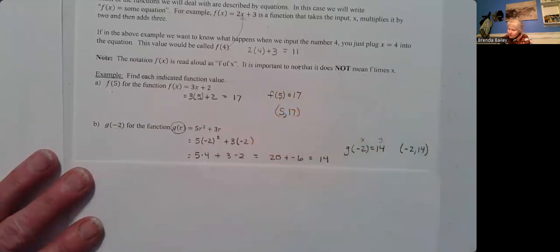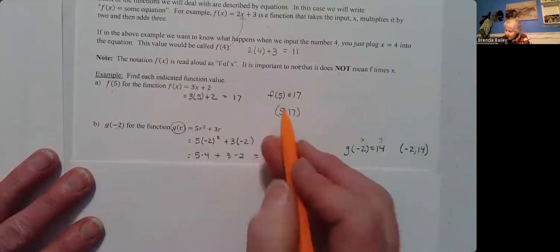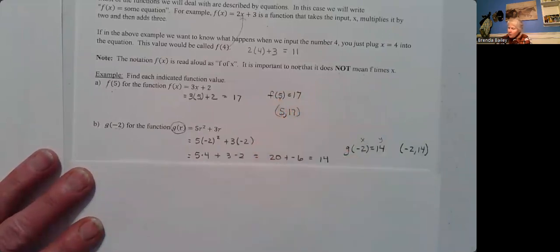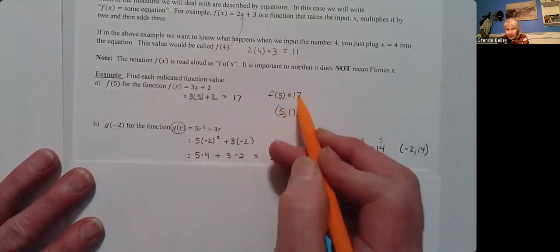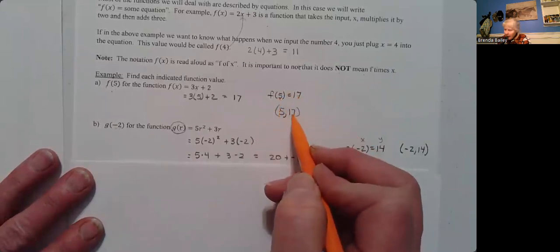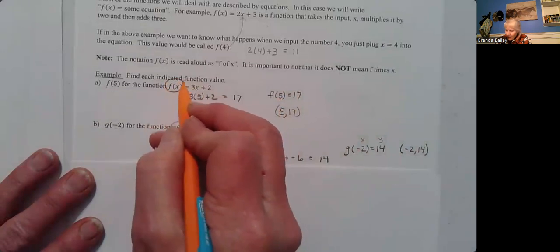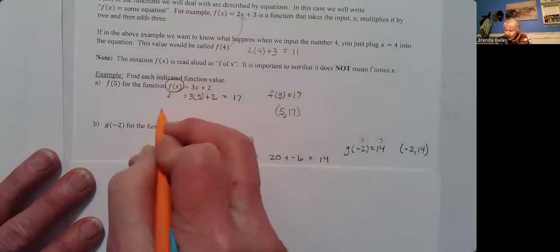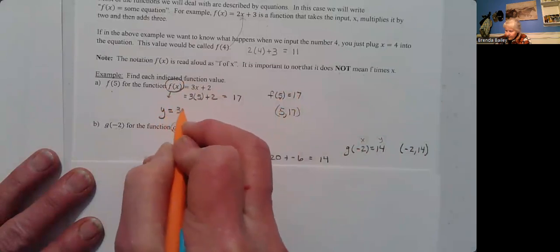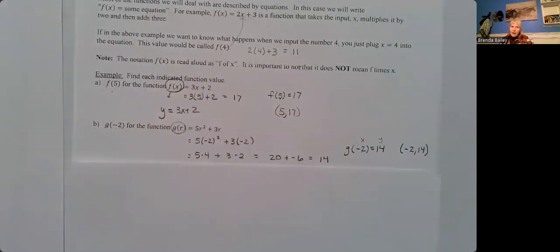What's going in, what's coming out. And when we do start graphing, you can always take this and change it back to a y in order to graph it. And that might help some of you.